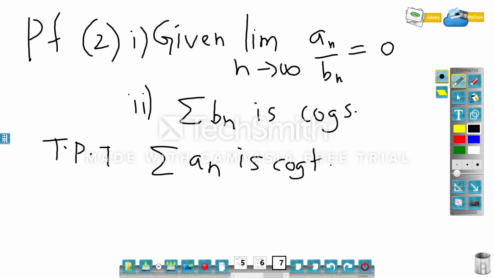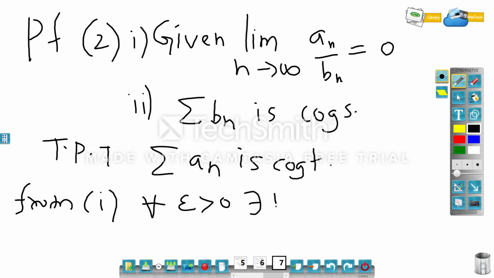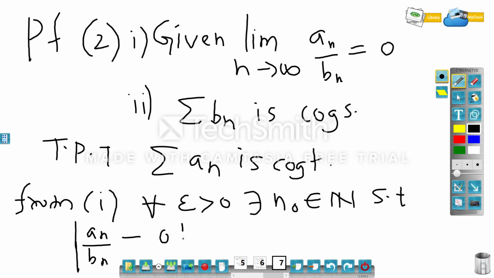So given number 1, since limit as n goes to infinity of An upon Bn is equal to 0, by definition of convergent sequence, we can say that for every epsilon greater than 0, there exists n naught belongs to natural numbers such that the modulus of An upon Bn minus 0 is less than epsilon for all n greater than or equal to n naught.